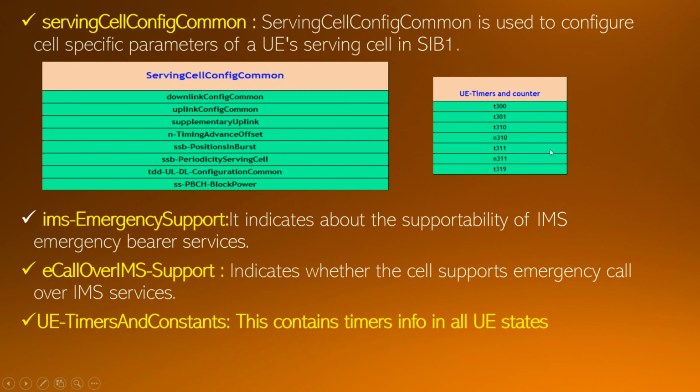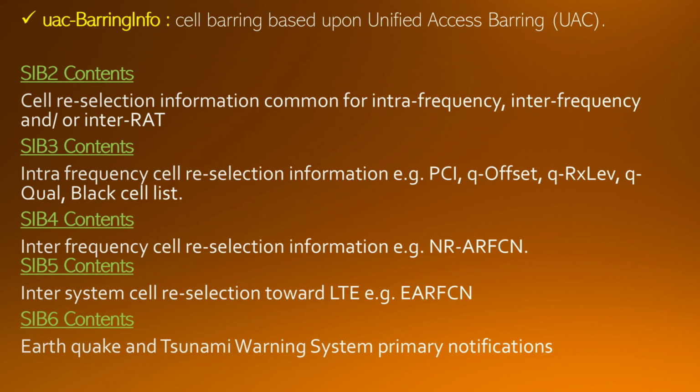These timers we have already gone through in LTE, so I will prepare one separate video for these timers. And one more part, that is UAC barring information, so cell barring based upon unified access barring.